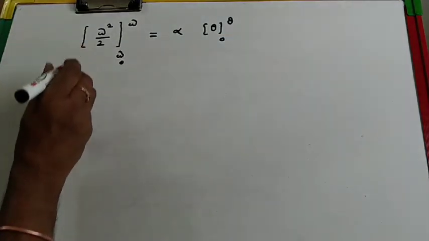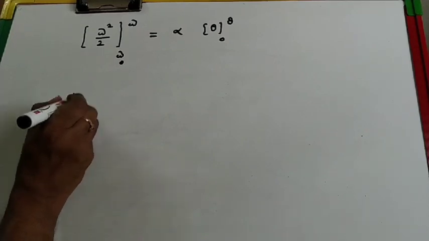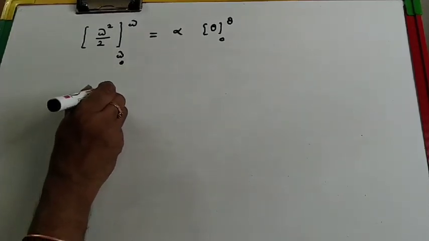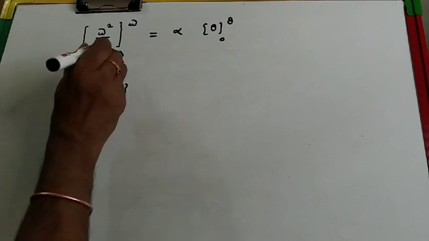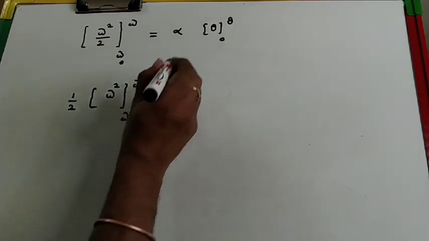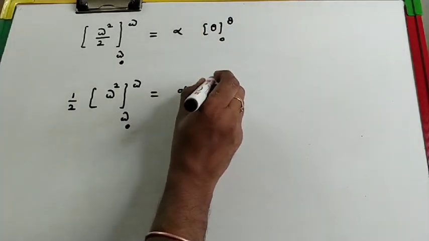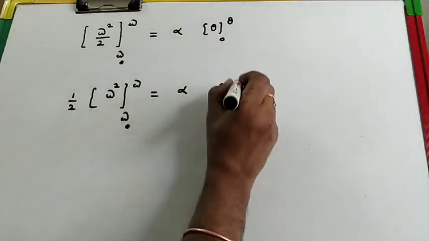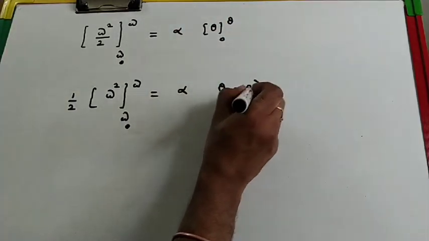Now here 1 by 2 into omega square, the limits are omega naught to omega, is equal to alpha into theta, upper limit minus lower limit 0.